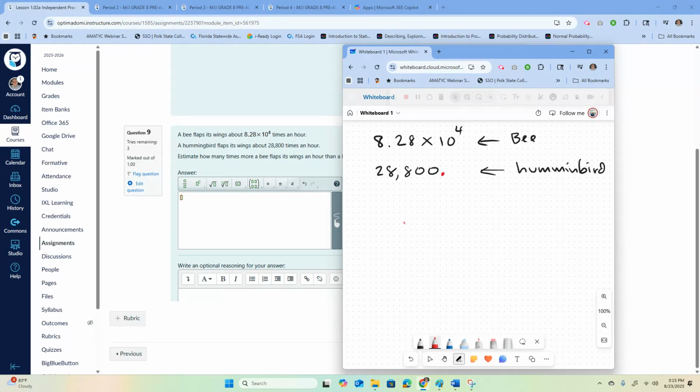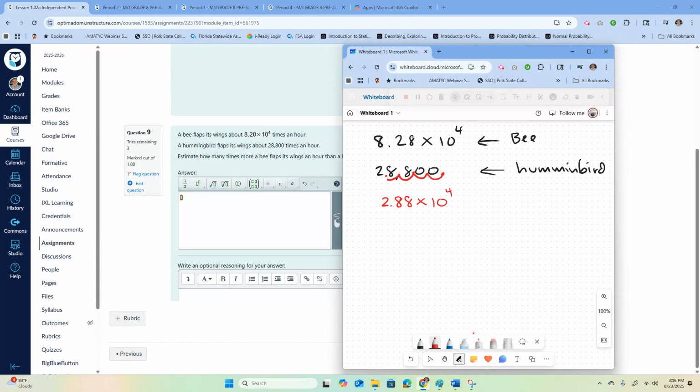I want to place the decimal point between 2 digits so I get a number between 1 and 10. If I put it here, I get 2.88, and then 2 zeros, but I'm not going to write the ending zeros. Then I count how many times I move the decimal point from the original place to the new place. So 2, 3, 4. So I'm going to write times 10 to the 4th power.